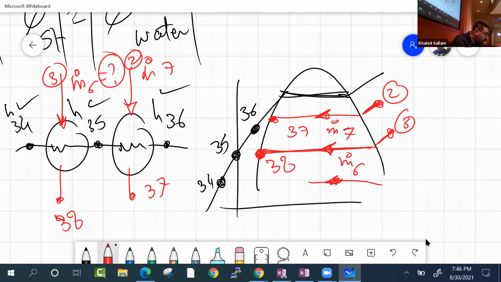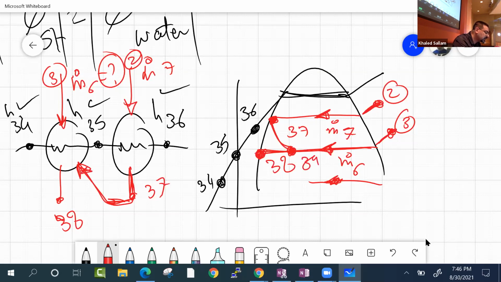So anyway, see how this guy is actually hotter than 3, not joule wise, but temperature wise. He's really hot. So what they do is they dump it here, and it's at higher pressure, so they throttle it, the same throttling that we did in the vapor compression cycle. They take that 37 and throttle it to this.